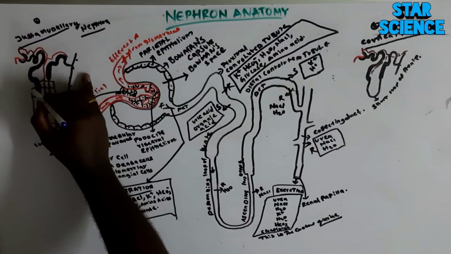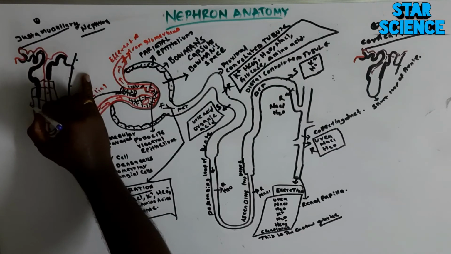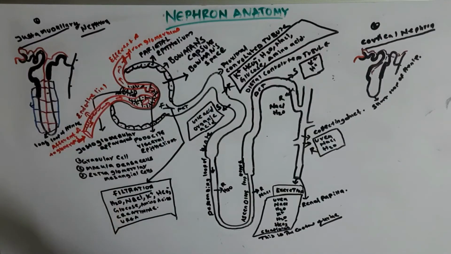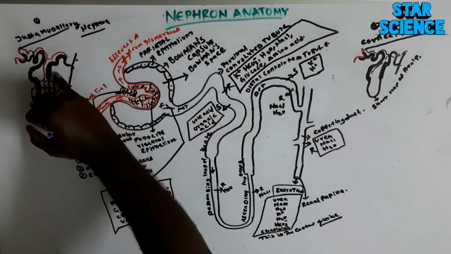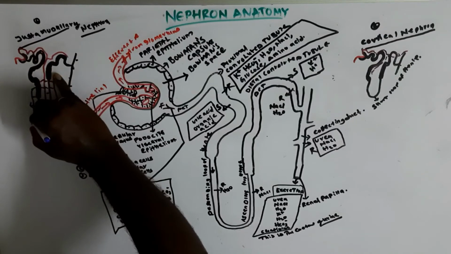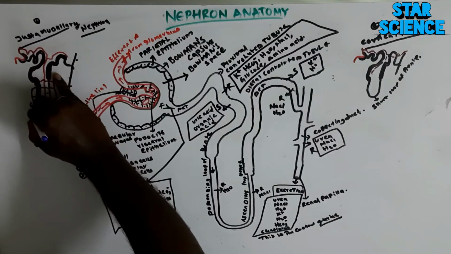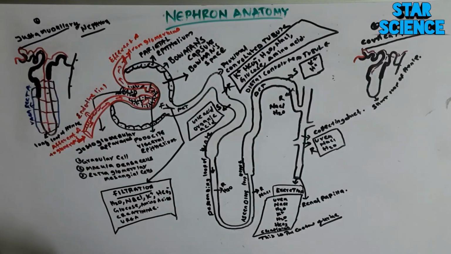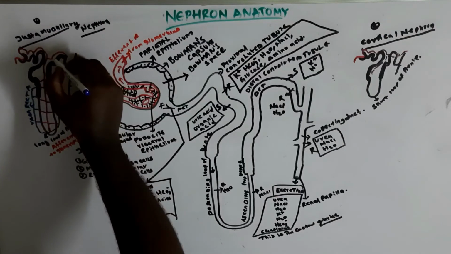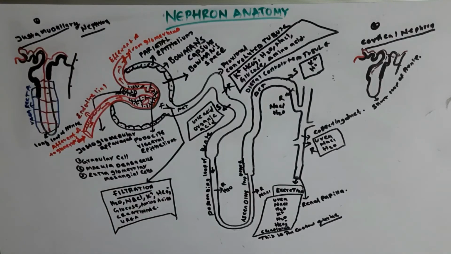These particular branches are called the vasa recta. After that, when it gives certain small capillaries to the DCT and PCT, these are called peritubular capillaries. So we can't find the vasa recta in the cortical nephron, but we can find it in the juxtamedullary nephron.